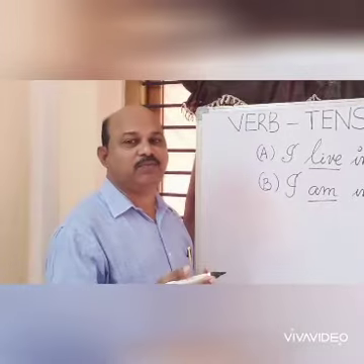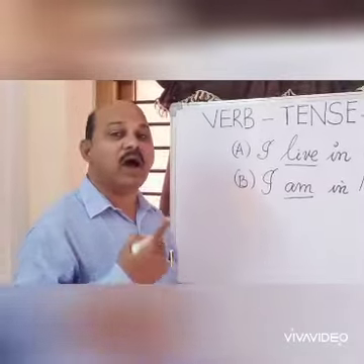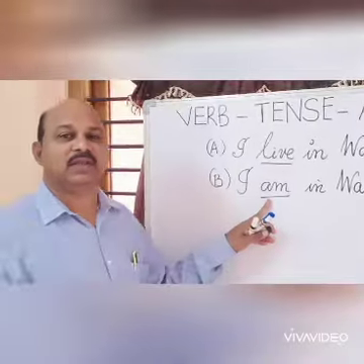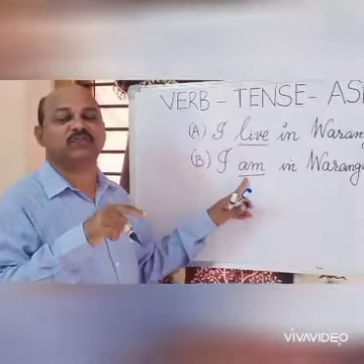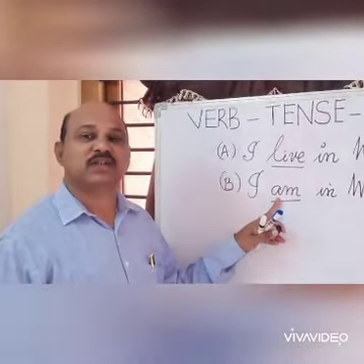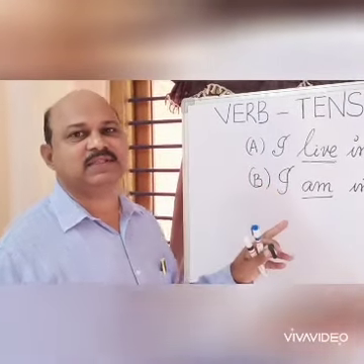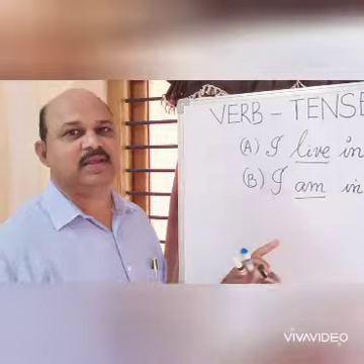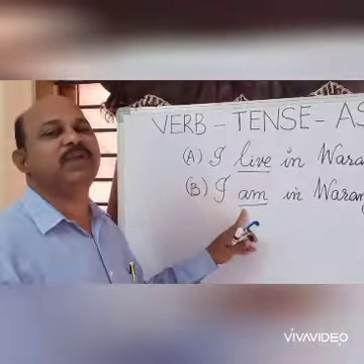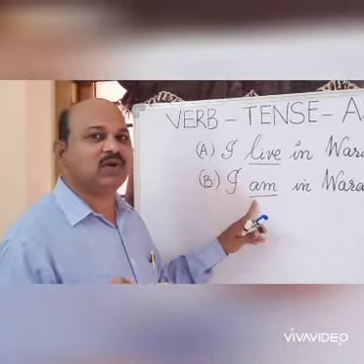So your state of being, that means in which condition you are or where you are or how you are. So here am indicates your being, your state of being. So this is also a verb. If a verb indicates a state of being, that is called be form verb.